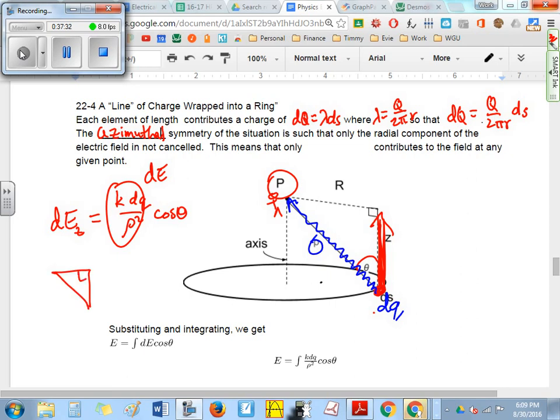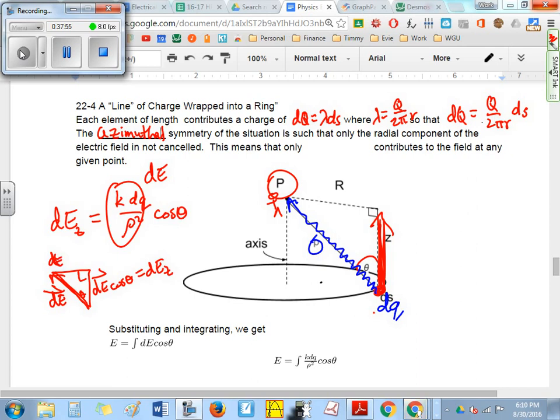So let me draw a little triangle here. I should have drawn this in the first place. dE is a vector field. It's like a tiny little vector field. And there's a theta here. All right? dE is actually directed along the hypotenuse. But this part is dE cos theta. You might call that dE in the z direction.